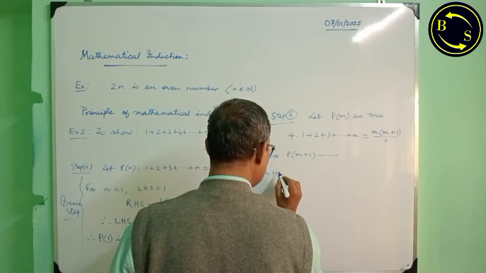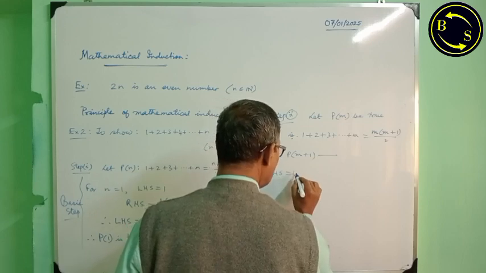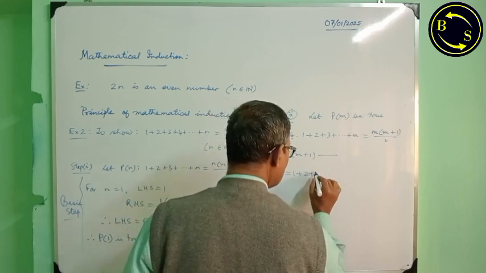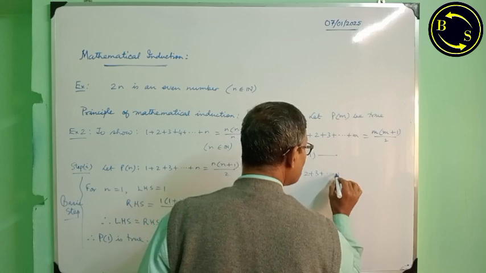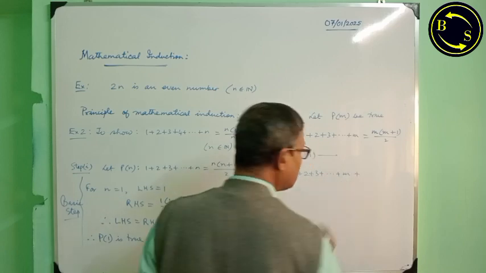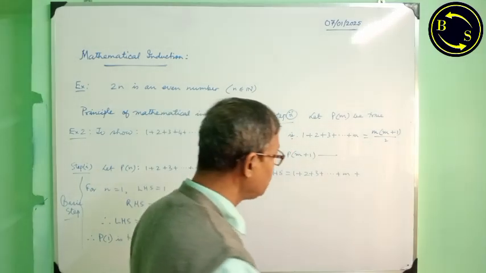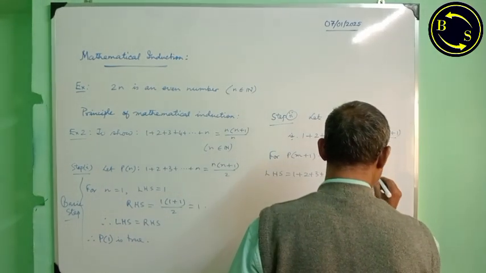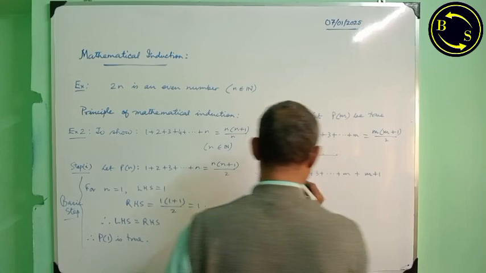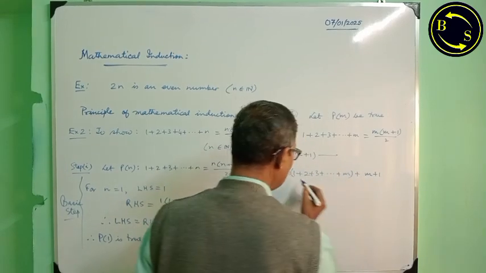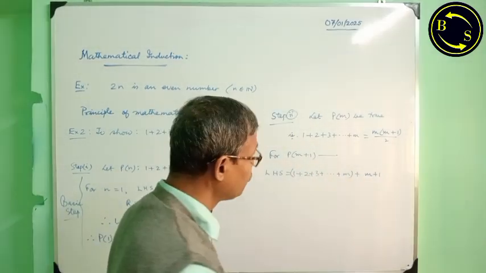LHS part will be 1 plus 2 plus 3 plus dot dot dot m. Then m plus 1 is to be written, m plus 1. This one is for Pn.